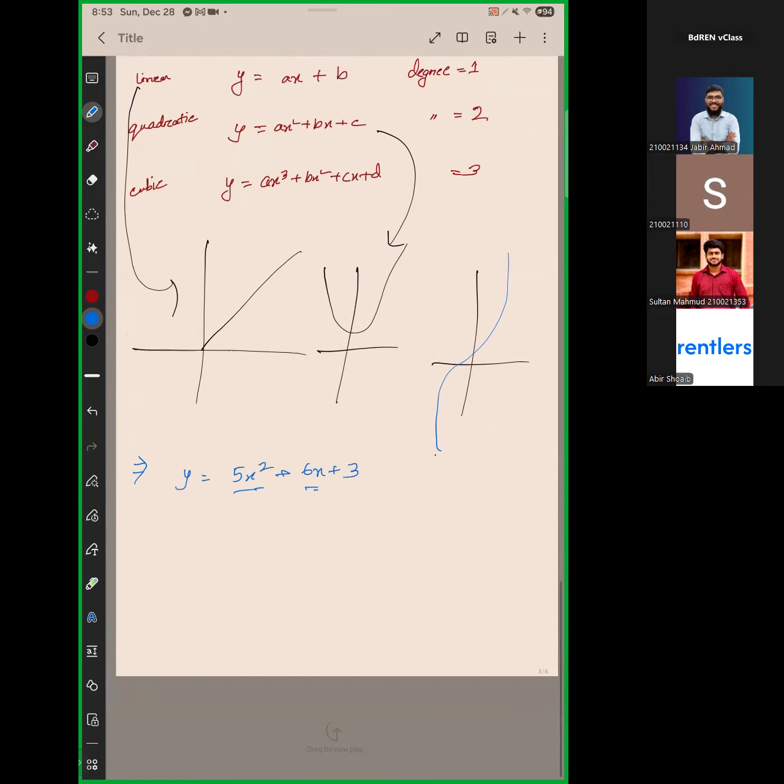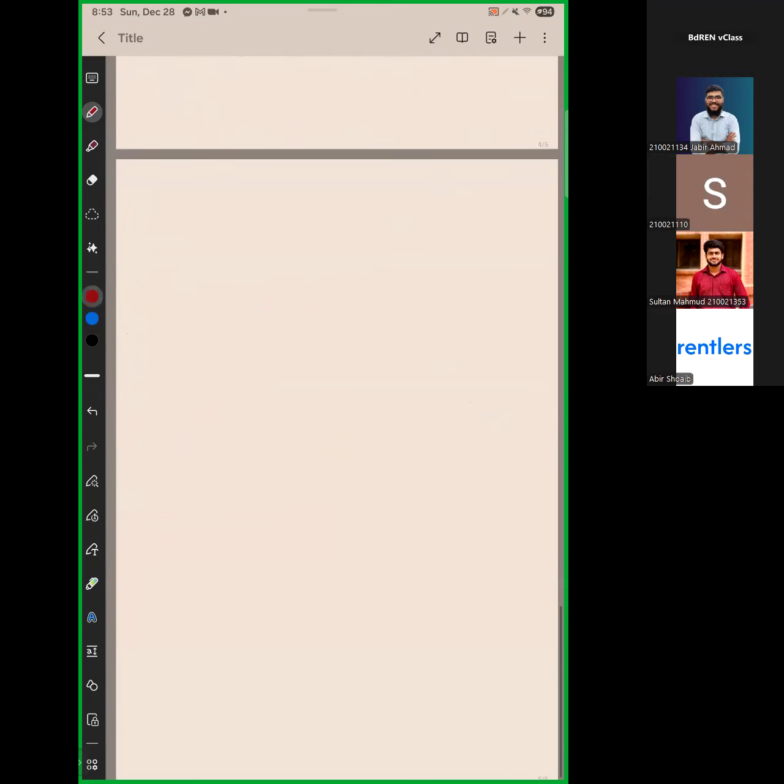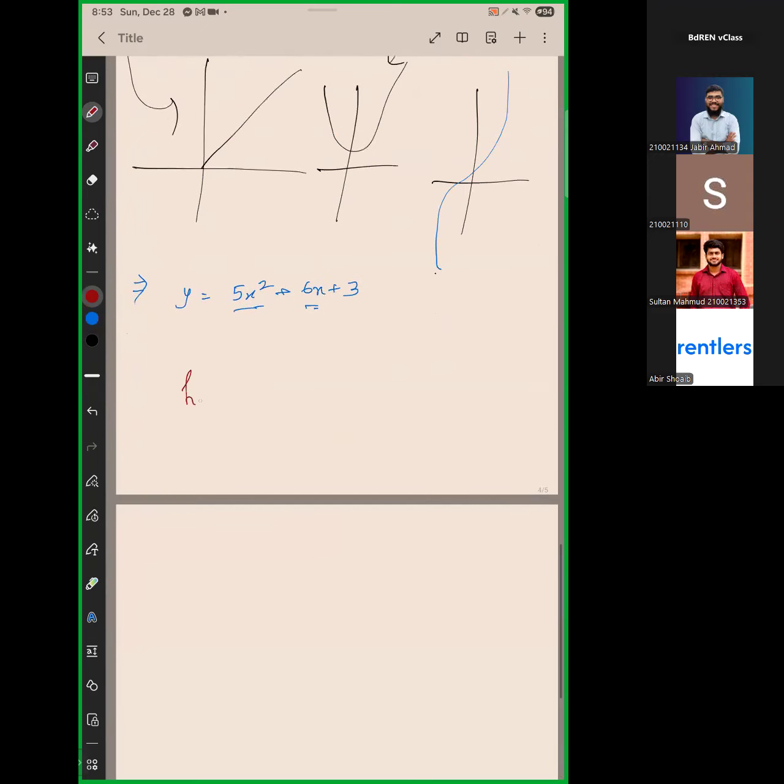So basically, the equation that we have for polynomial regression goes like this. Our hypothesis function is equal to theta 0 plus theta 1 into x plus theta 2 into x square.